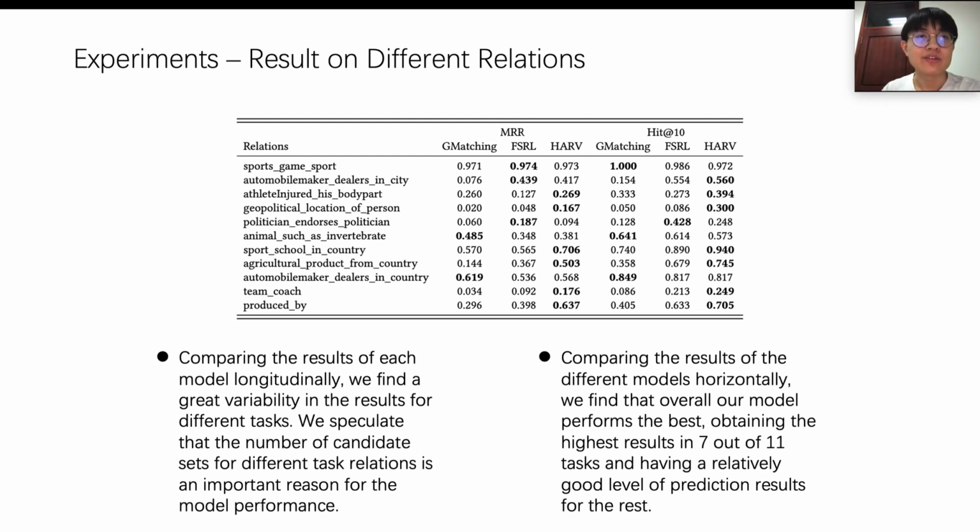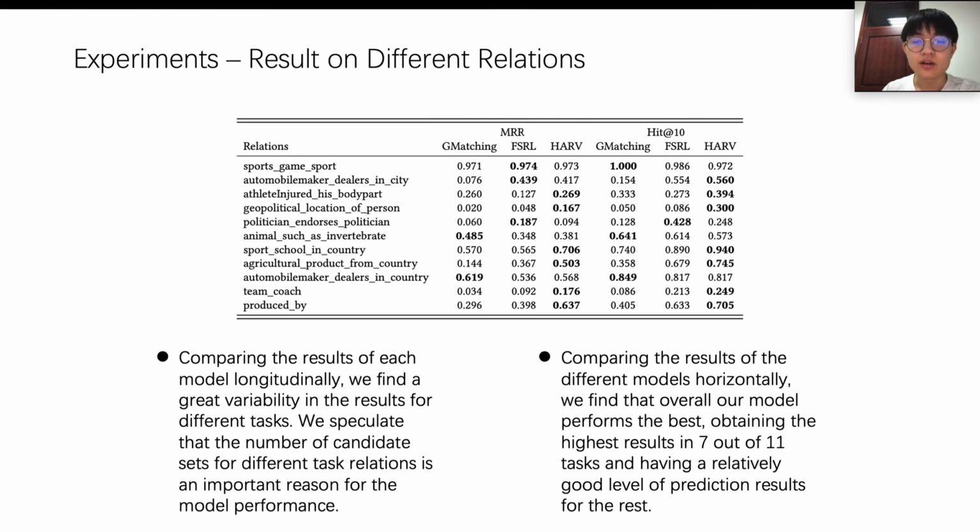We can analyze results on different relations from 2 aspects. First, comparing the results of each model longitudinally, we find a great variability in the results for different tasks. We speculate that the number of candidate sets for different task relations is an important reason for the model performance.